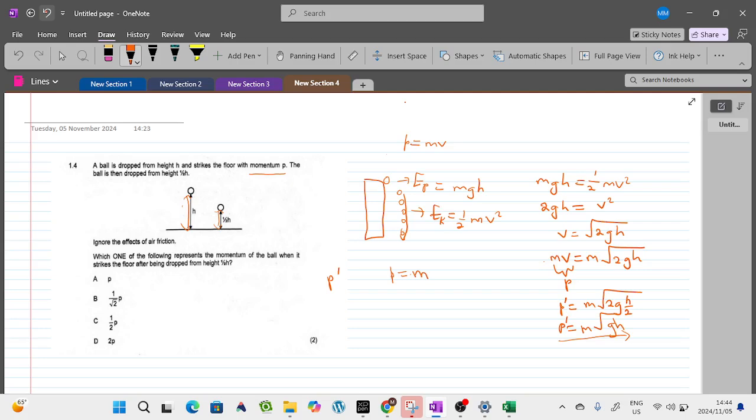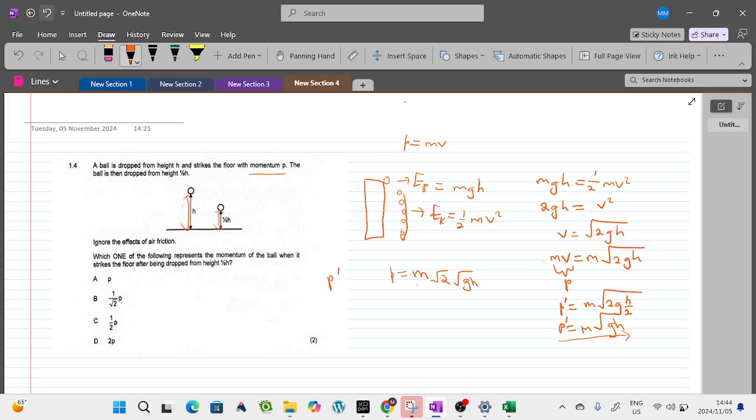Now we can take out this root 2, but because the 2 is not squared, we cannot remove the square root. So we can separate the root 2, but you can't take the 2 out of the square root, which means now you have the square root which only contains gh.